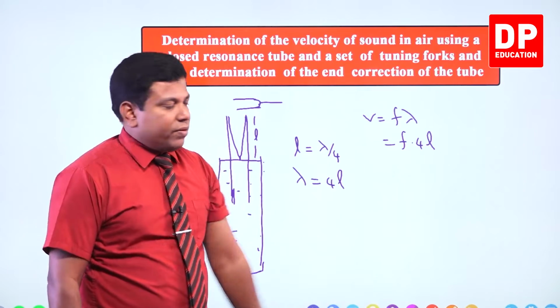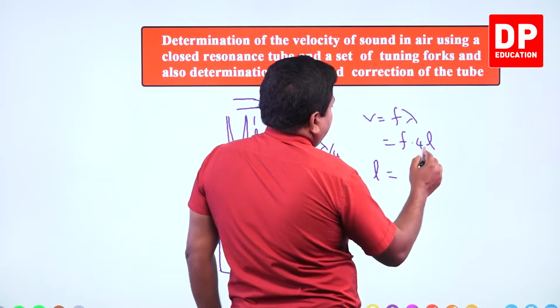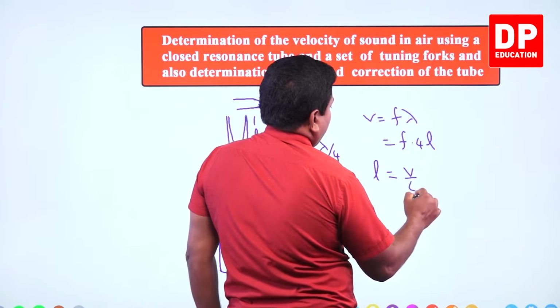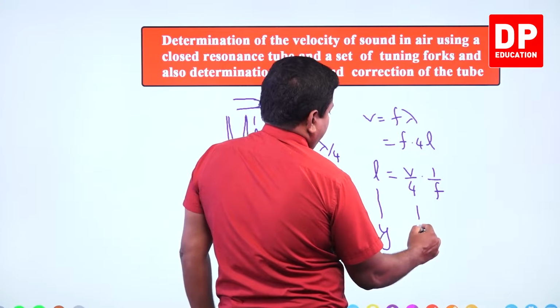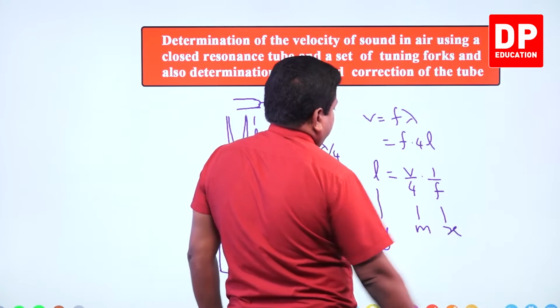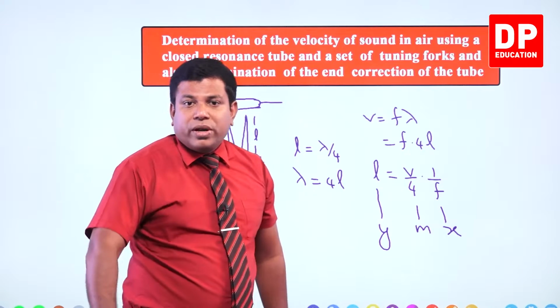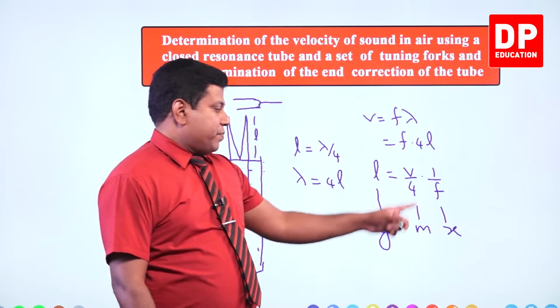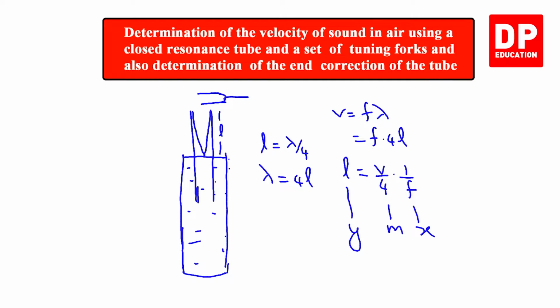So we can go for a graphical method. How? L equals V by 4 into 1 over F. Y equals mx. Right? Change the frequency and get different L values, and you can find the velocity using the gradient.